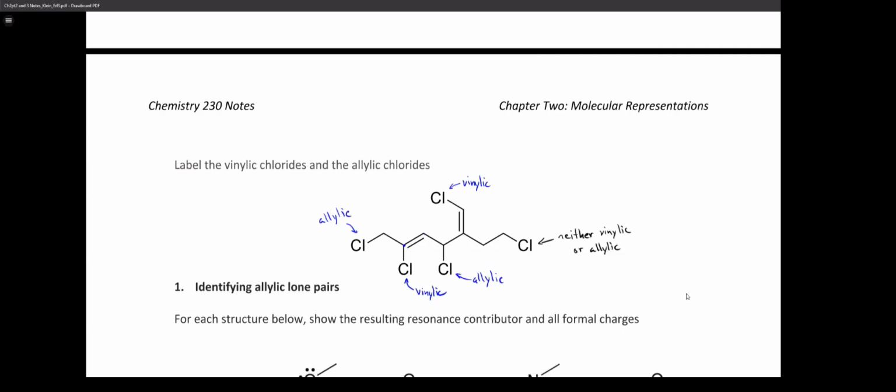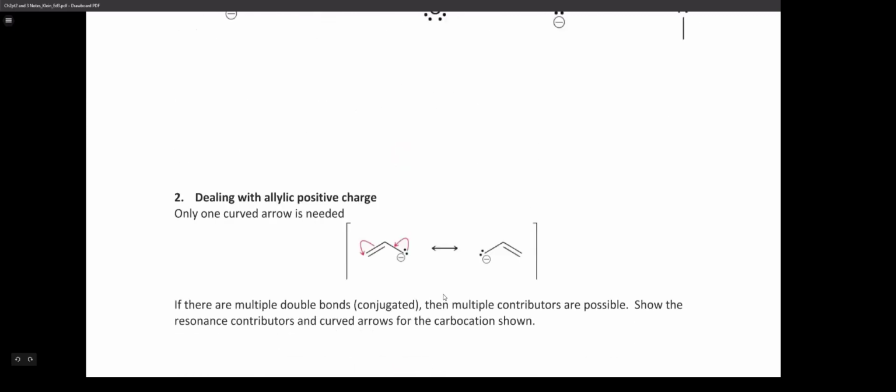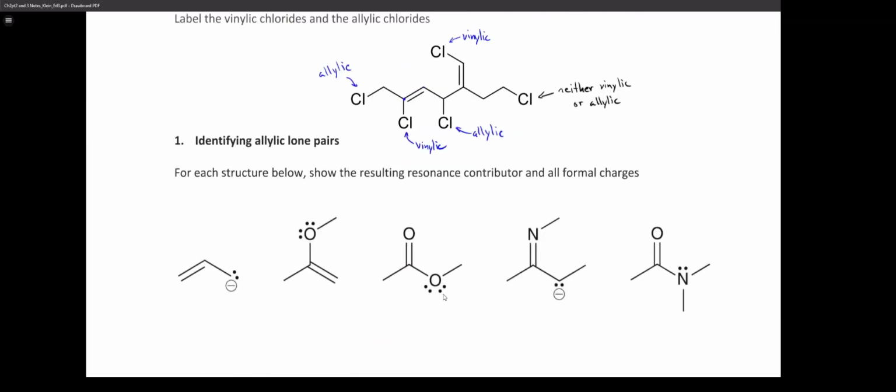So let's take a look at some examples here. The first one that we would get, this is considered allylic. It is on a carbon next door to the double bond. Carbon next door to the double bond, allylic.